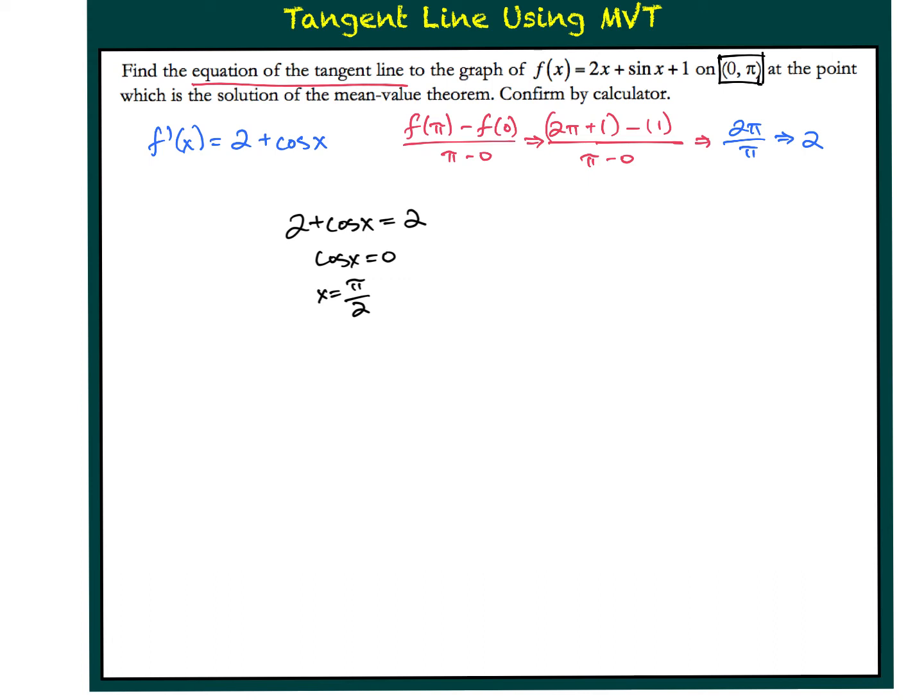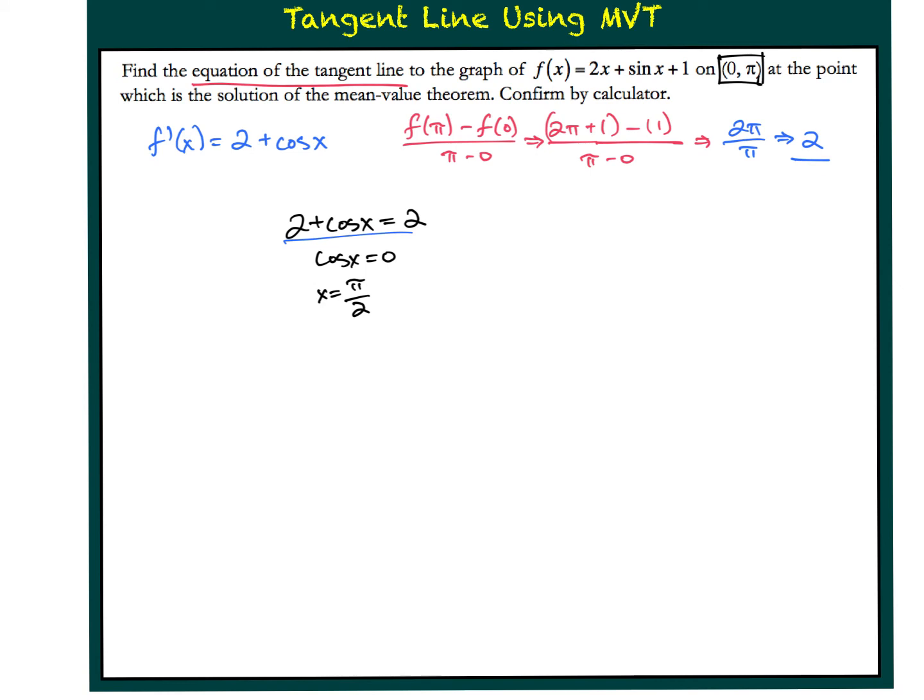But it asks me for an equation of a tangent line. So I need a point and a slope. Do I have a slope? Yes. What is my slope? It's just 2. We set them equal, and that's what we solve for by the mean value theorem.